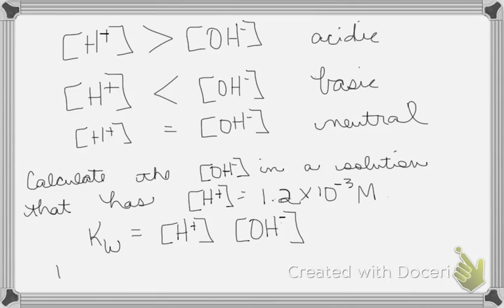We know that Kw is 1 times 10 to the minus 14. The problem tells us that the hydrogen ion concentration is 1.2 times 10 to the minus 3 molar.